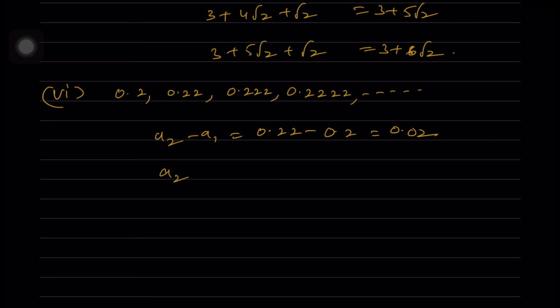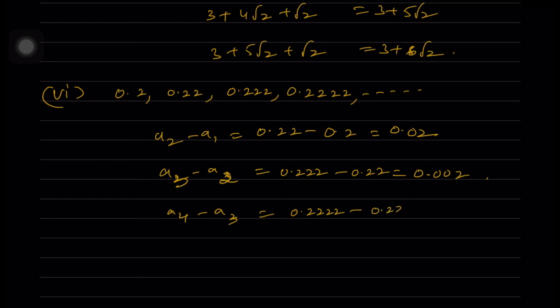a3 minus a2 is equal to 0.222 minus 0.22, which is equal to 0.002. a4 minus a3 is equal to 0.42 minus 0.32, which is equal to 0.0002.